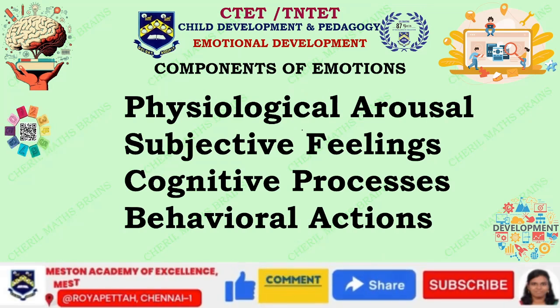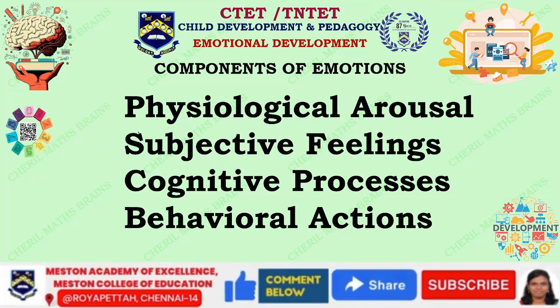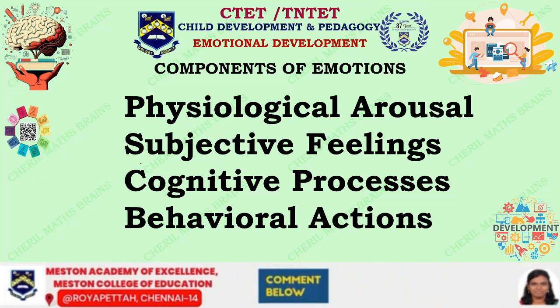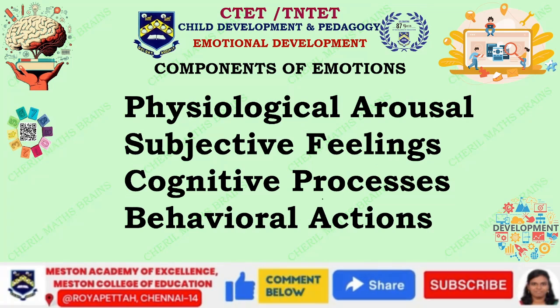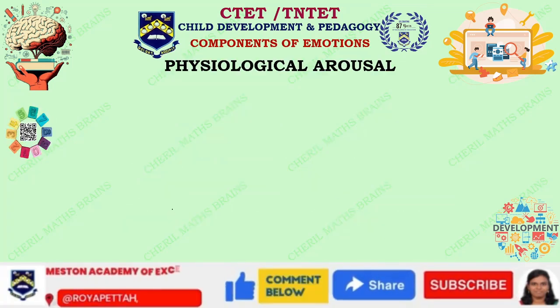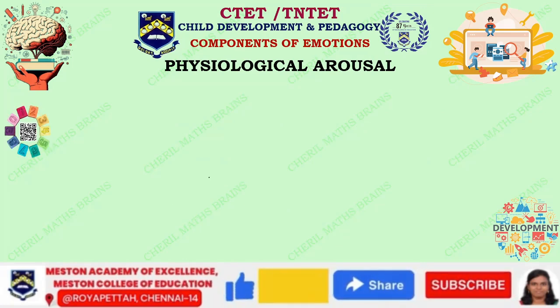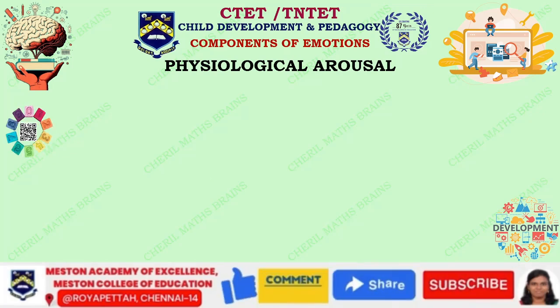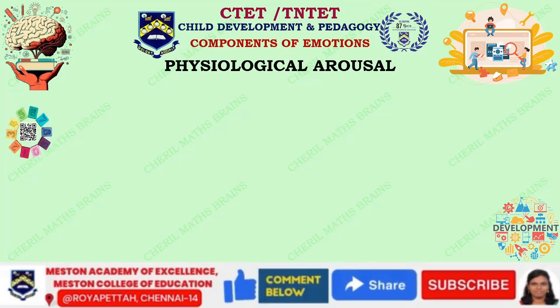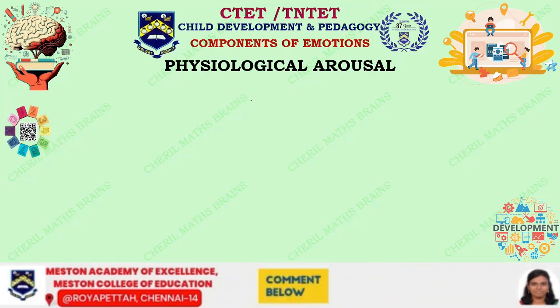Next, we are going to look into the components of emotions. There are four components of emotions: physiological arousal, subjective feelings, cognitive processes, and behavioral actions. Now we look into each one in detail. First, physiological arousal. Many psychologists agree that emotions are a complex pattern of changes.